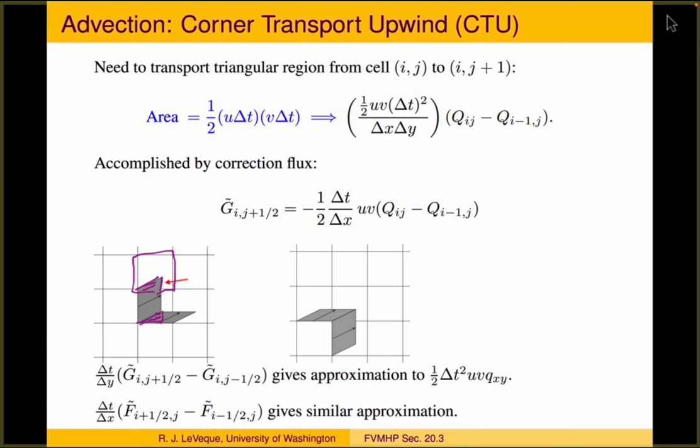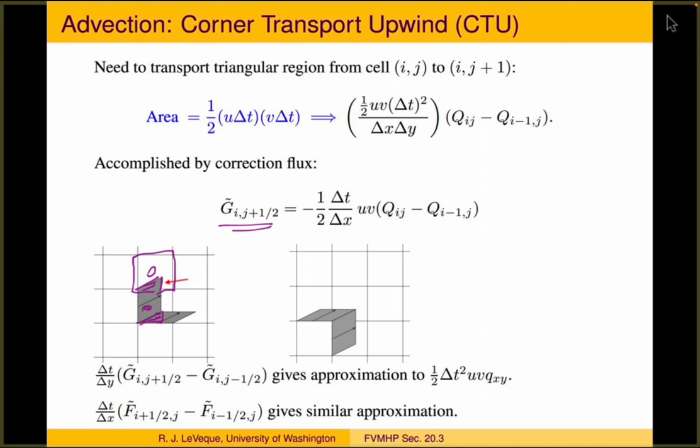And so even though we computed this wave by solving a Riemann problem in the x direction originally, we can look at that transfer from this cell to the cell up above as a modification to the G tilde flux, which is the flux at the top edge of that cell.